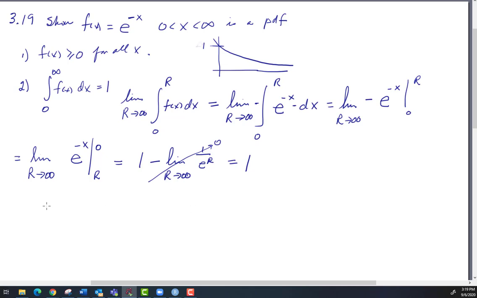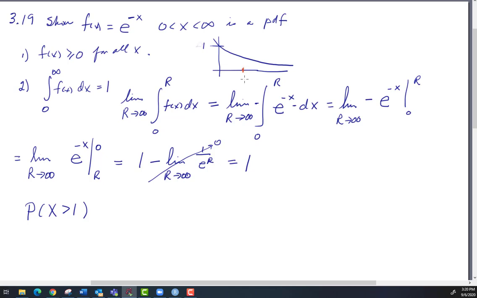So we've got a PDF. Now we're asked to calculate things like, using that PDF, what's the probability that x is greater than 1? Well, on the sketch, that would look like x greater than 1.